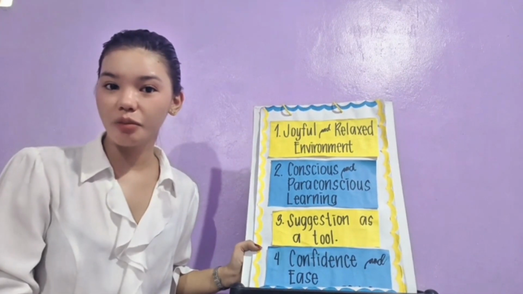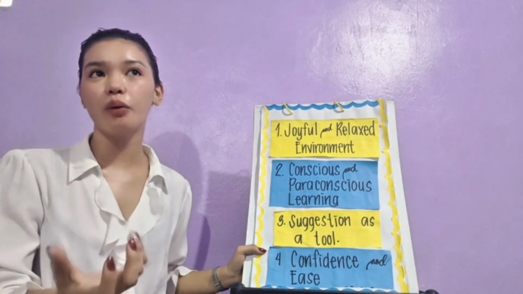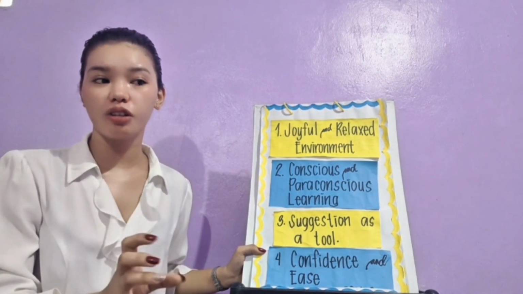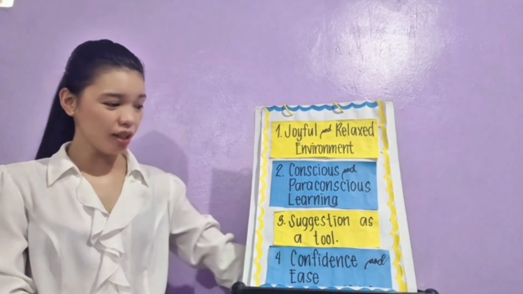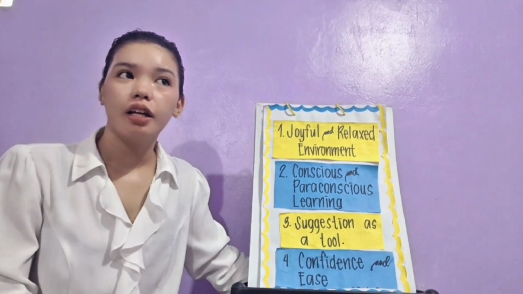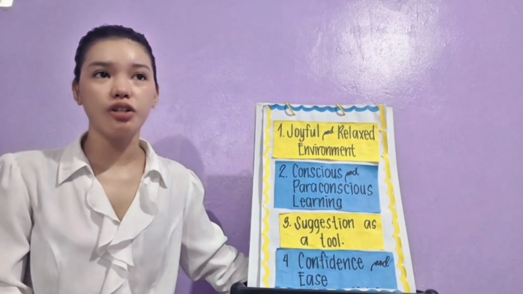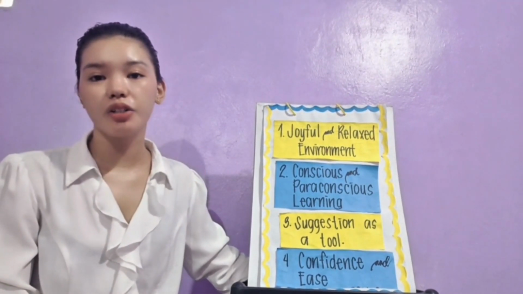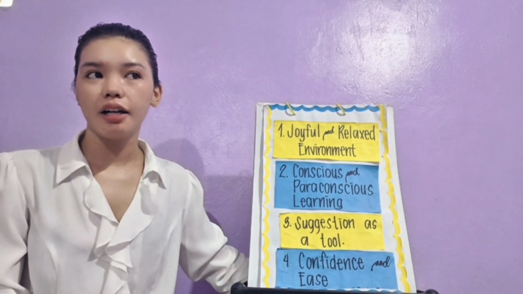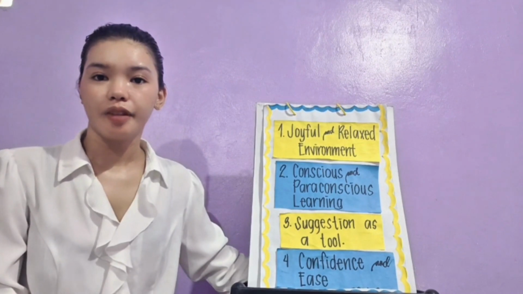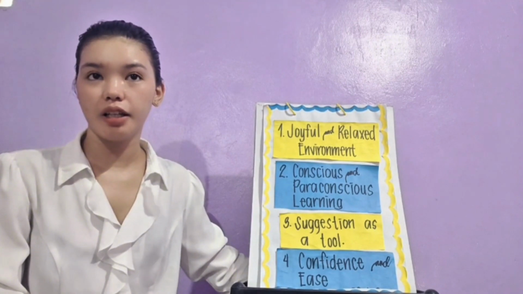In paraconscious learning naman, they are learning but somehow they are not aware of it or they are not focused on the particular area of learning. Just like for example the background music, the classroom decors, and how the teacher uses his or her strategies in teaching. So, kailangan na mag-learn ang bata in a conscious and paraconscious way doon sa Desuggestopedia.